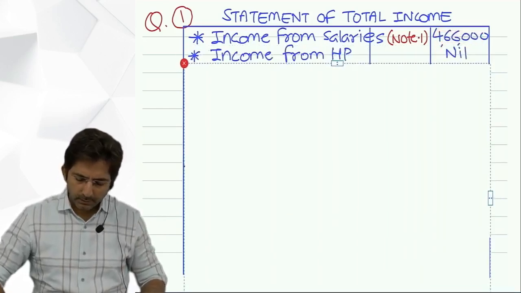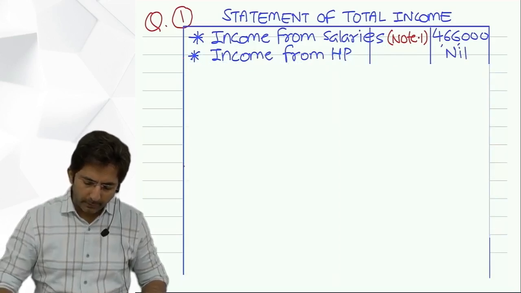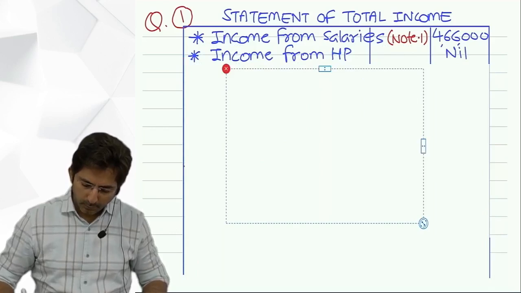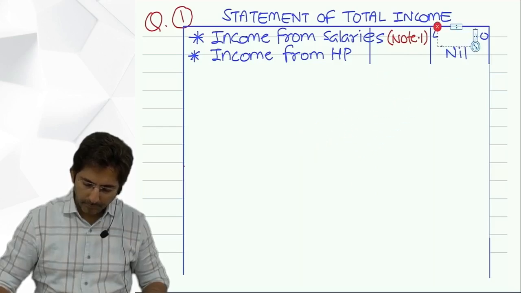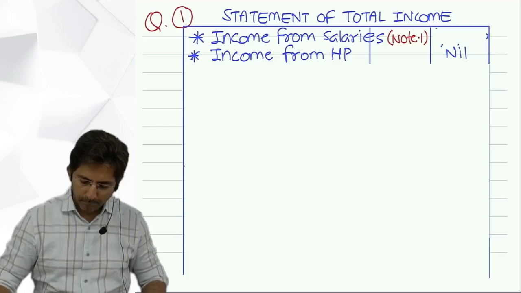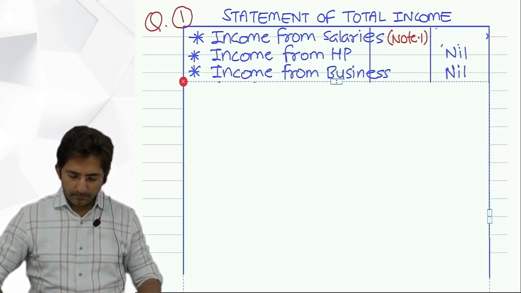Next is income from business. Do we have income from business? No, even that is not there. So write nil. Income from business nil.